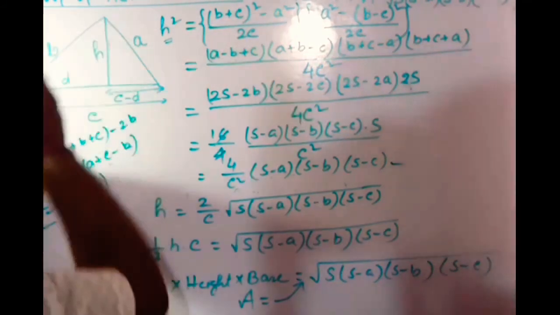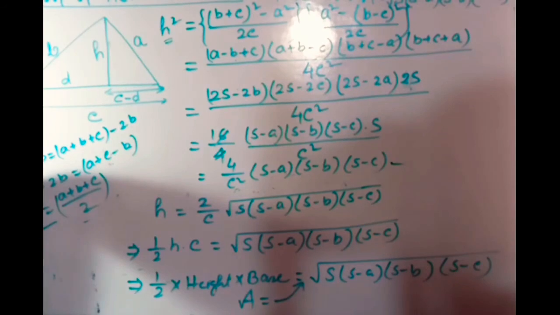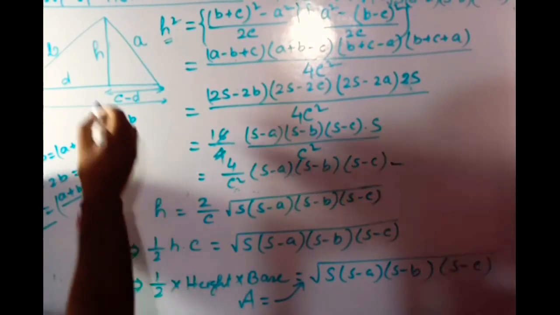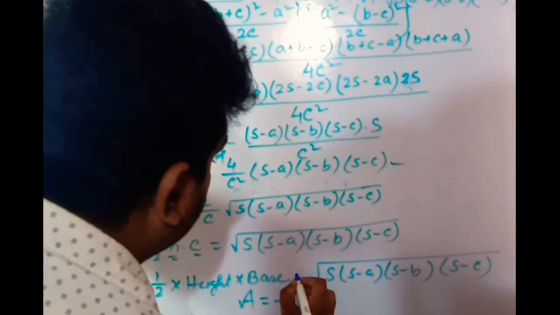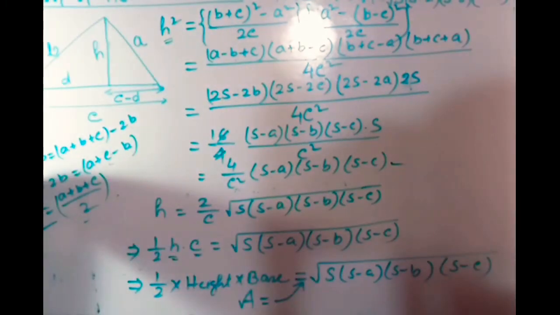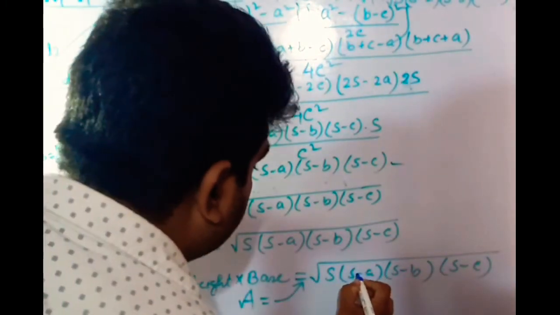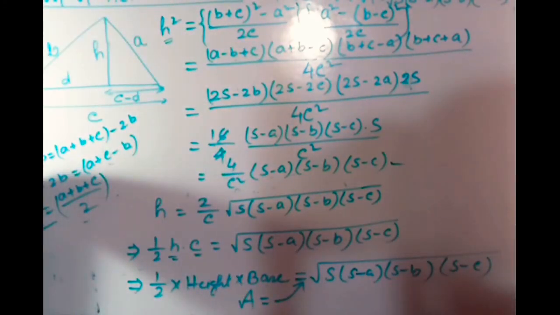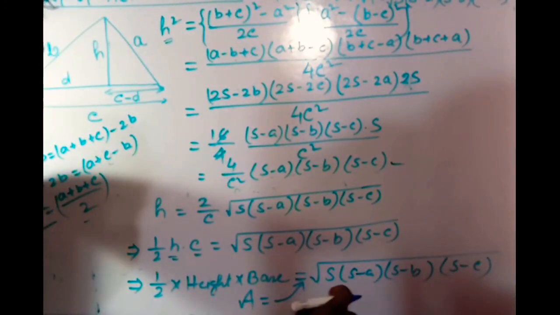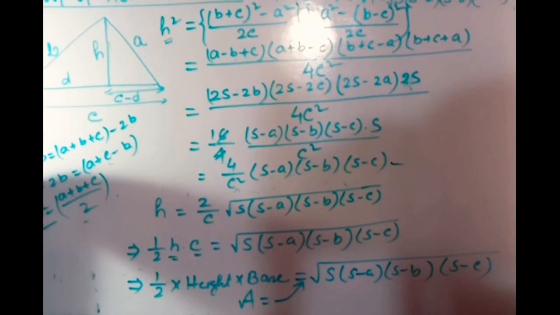Now from the figure, half into base into height, where c is the base and h is the height, is equal to root under s into s minus a, s minus b, s minus c. Understood? So A is equal to root of s into s minus a, s minus b, s minus c.